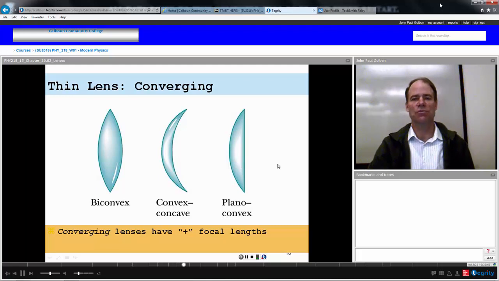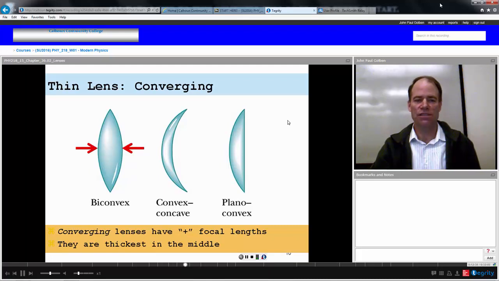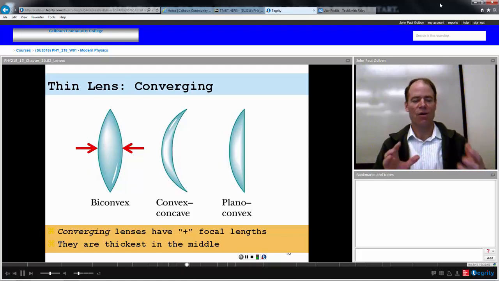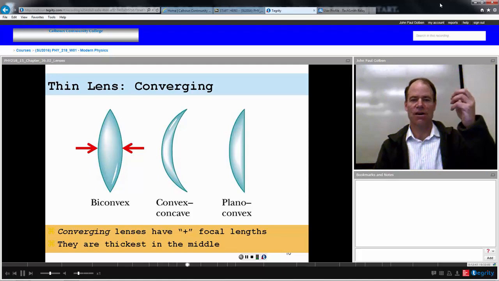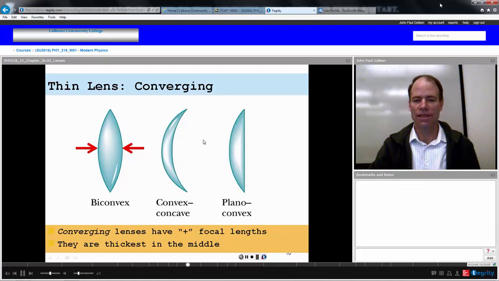Converging lenses will have positive focal lengths, and they are all thickest in the middle. So one way you could identify a converging lens with a positive focal length is that it's always thicker in the middle than it is on the edge. And all three of these are converging lenses because they're thicker in the middle than they are on the ends.